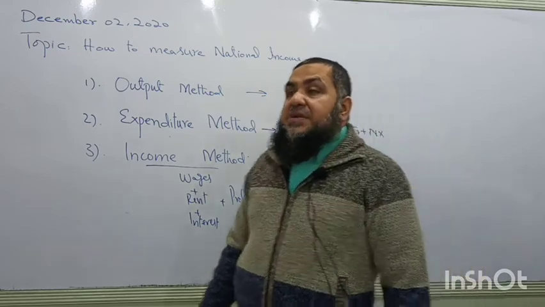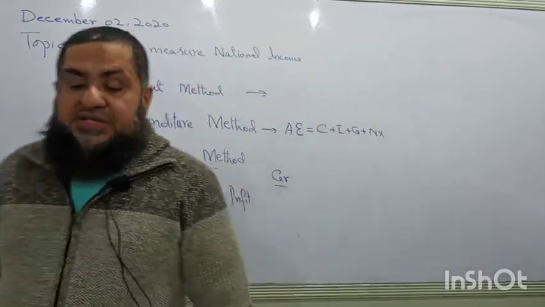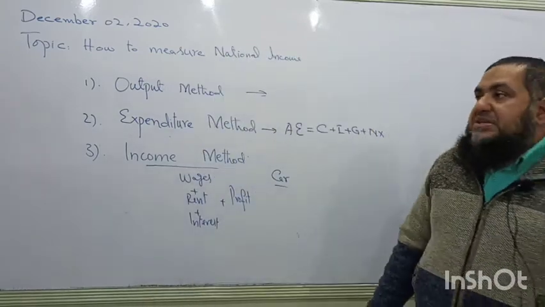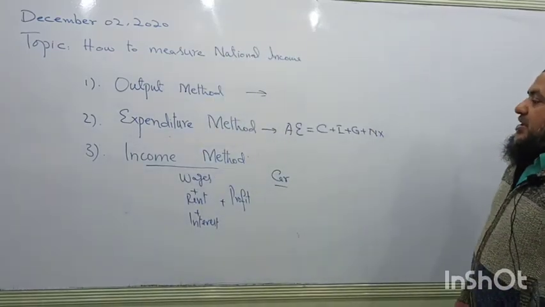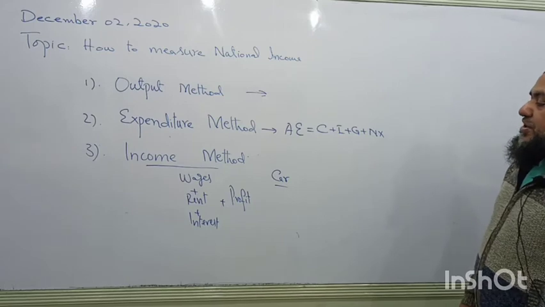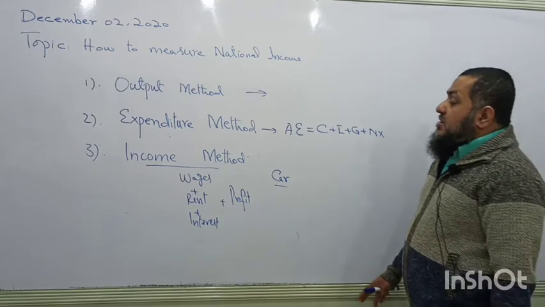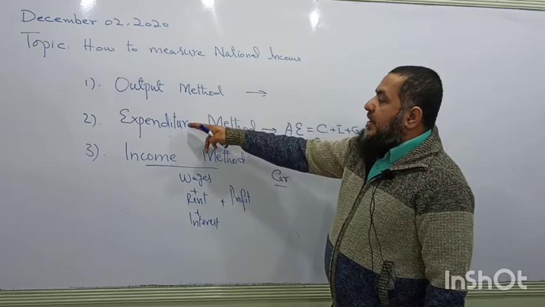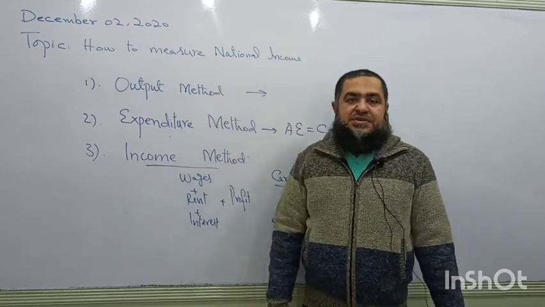Unless this income is not spent, or it is being saved, or it is being taxed, or it is being used for import payments, then our income will be equal to the output and expenditures within the country.